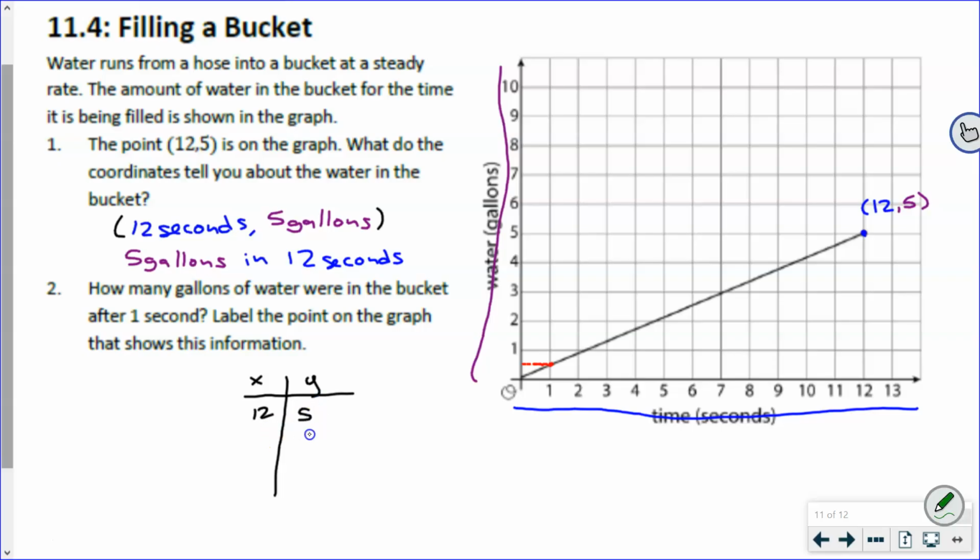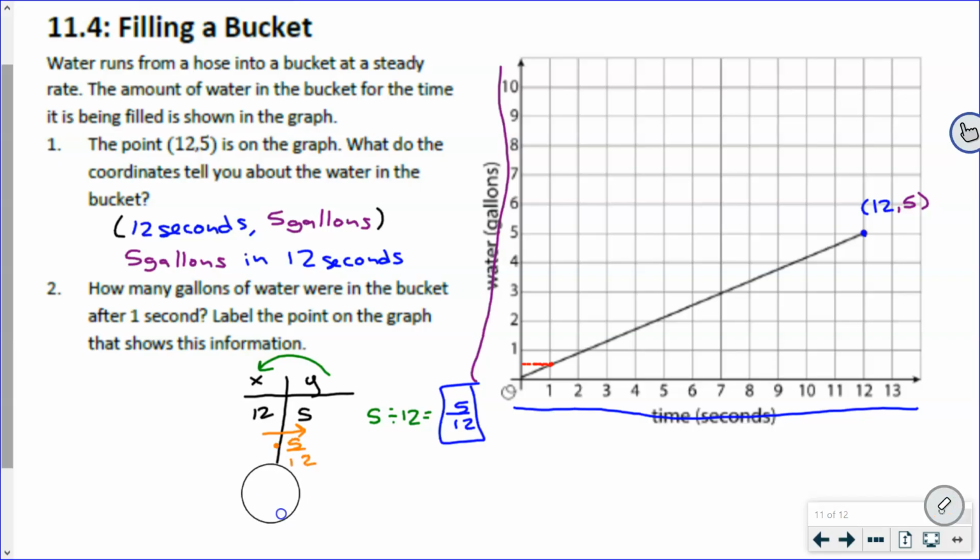I don't know. So we would work backwards and go 5 divided by 12, and don't worry about the decimal approximation, just keep it as the fraction 5/12. So that tells us how we are going forwards. We're going forwards by multiplying by 5/12.